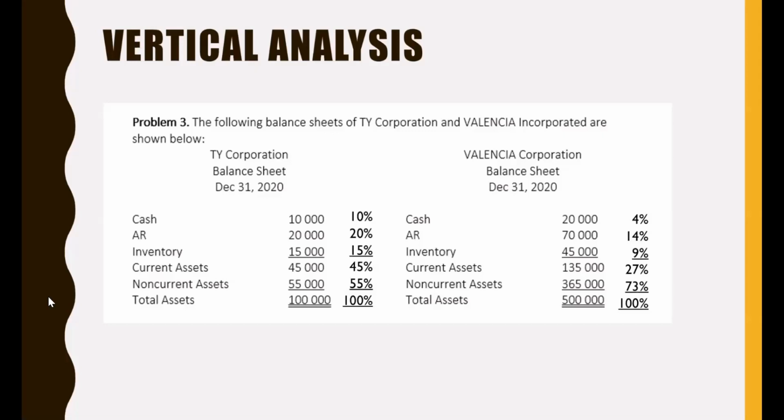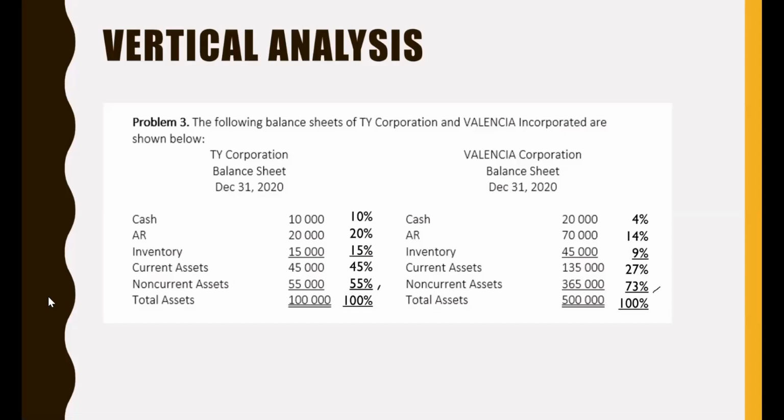Now, from these percentages, from vertical analysis, we can compare these two different size firms. As you can see, the assets of Valencia Corporation are heavily composed of non-current assets, roughly 73%, while for Thai Corporation there's only 55%.